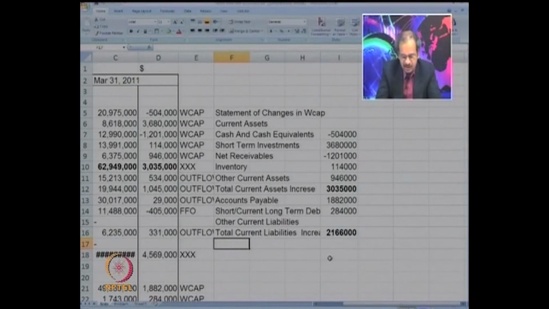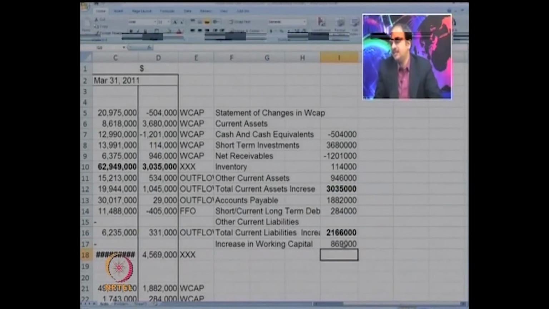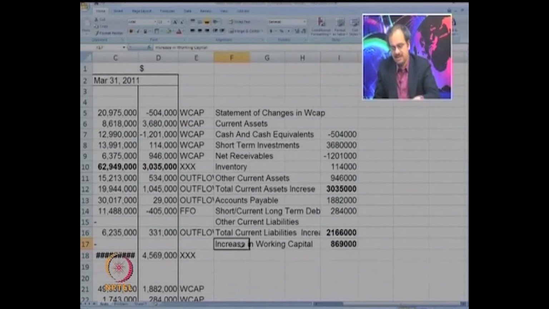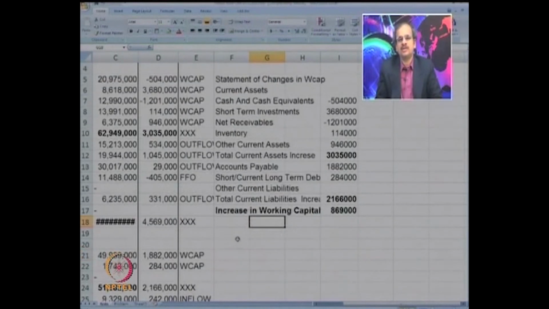So we will calculate the increase in working capital. So this is an increase in CA minus increase in CL. So net increase is this amount, right? Now we will try to calculate the second working note, that is on calculation of FFO or funds from operations.